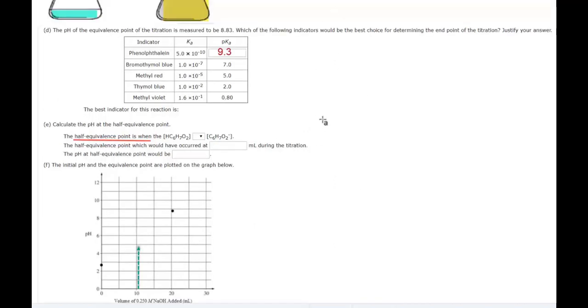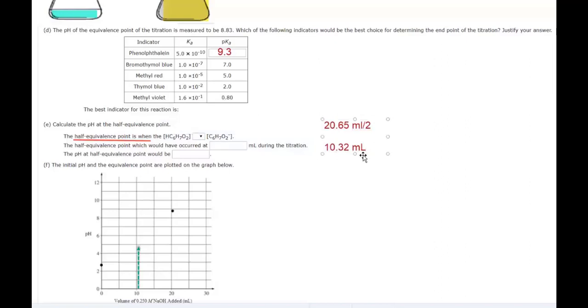We know that the full titration was 20.65 mLs. So, answering their question, divide that by 2, and you get, depending on how you want to round off, about 10.32 mLs. So I'm right about there. This is where our half titration occurred.